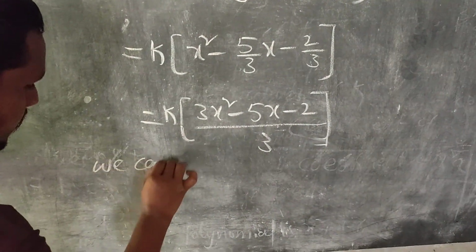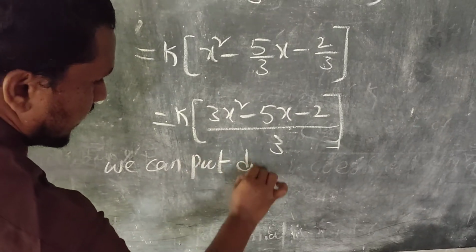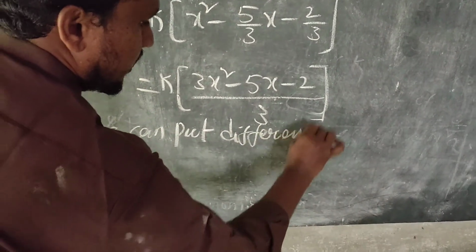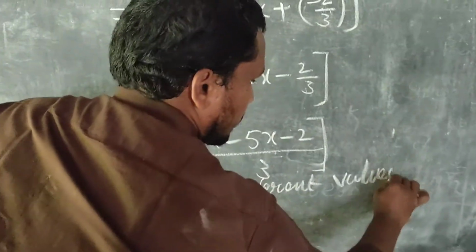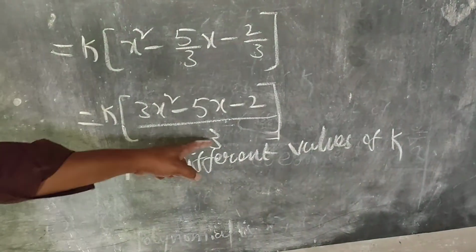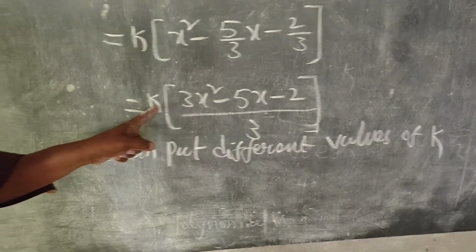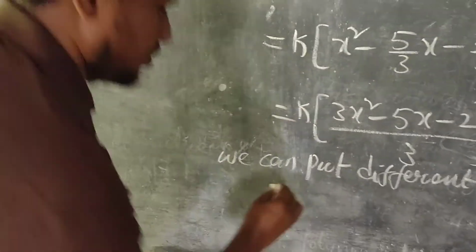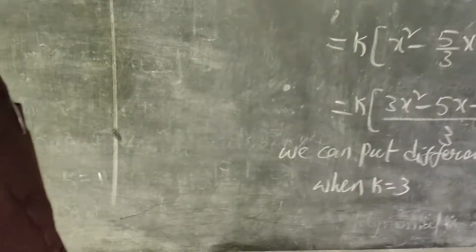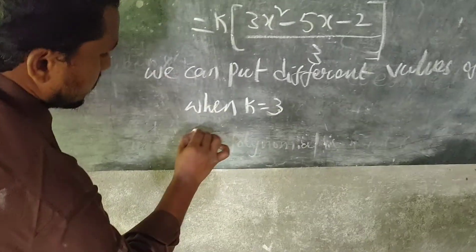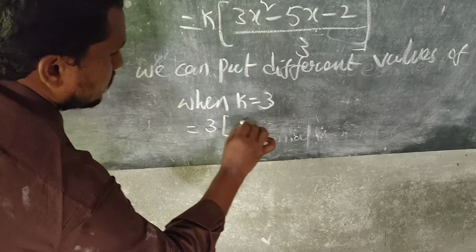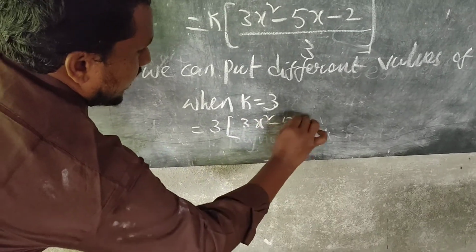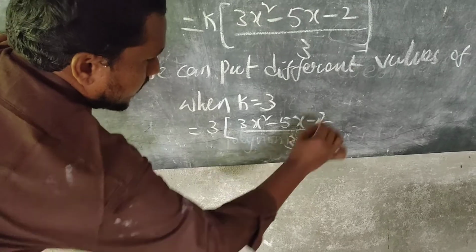Okay, we can put different values of k. Here the denominator is 3. So when k is equal to 3, substitute the k value 3: 3 into (3x square minus 5x minus 2) by 3.